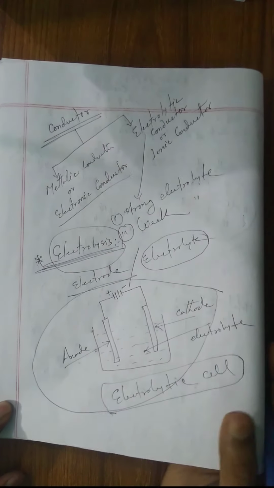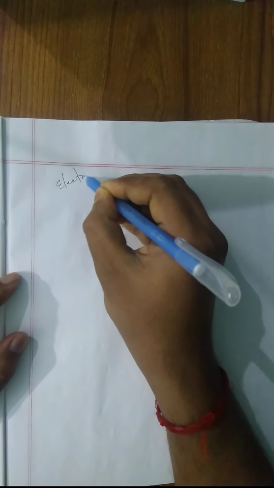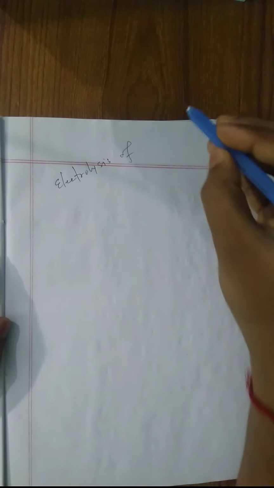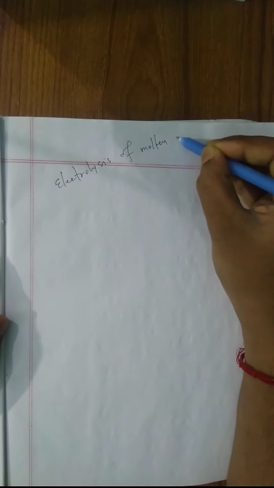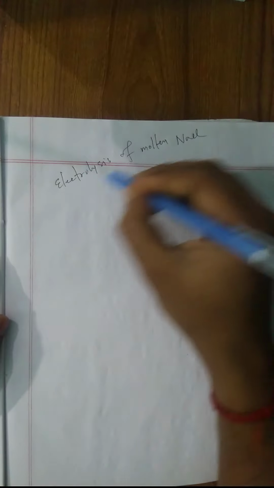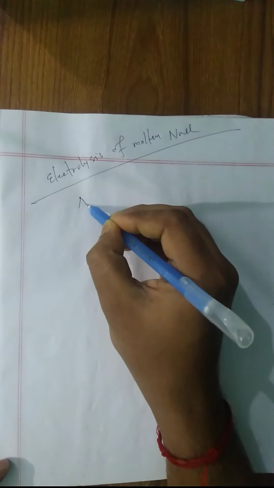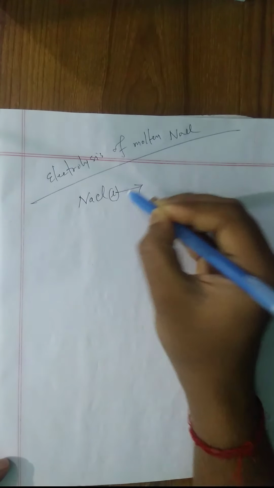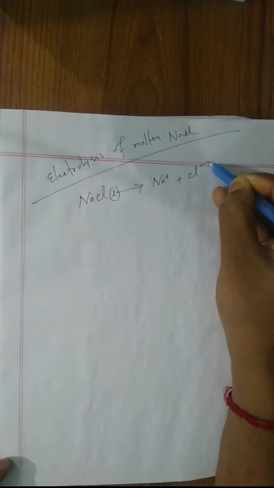Now, electrolysis of molten NaCl. NaCl, molten, that means liquid, Na plus and Cl minus.